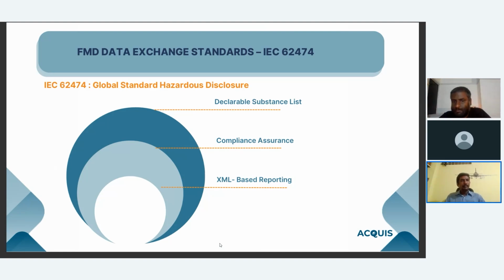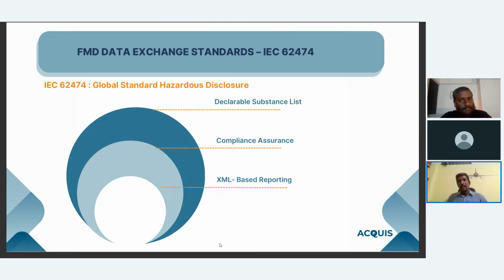The usefulness of IEC 62474 is its XML format. It is a system-compatible format. To effectively utilize the FMD, you need to have a technology to identify if something is going above the threshold and automatically notify you if there are any substances of very high concern.